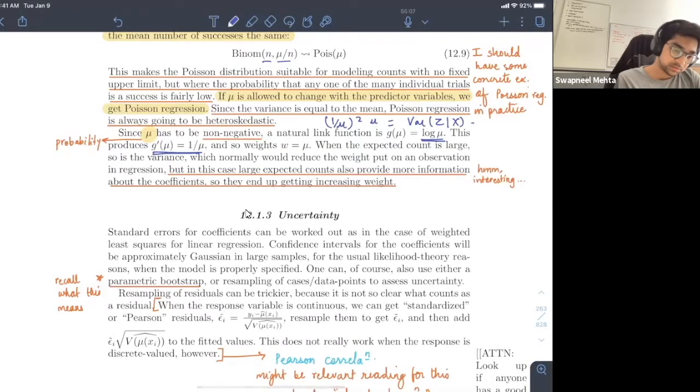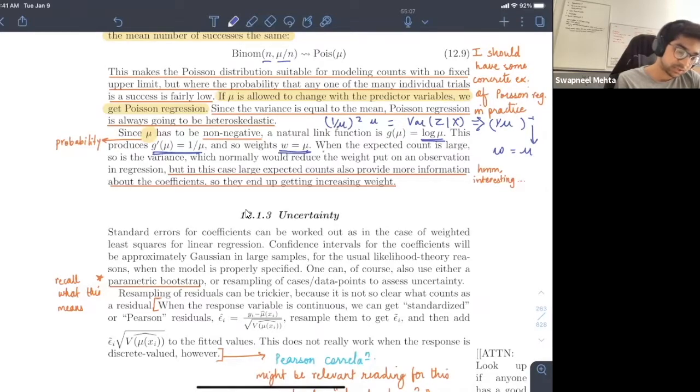So this is equal to 1 by mu, and the inverse of which is equal to the weights, which is equal to mu. That's in shorthand, but very bad shorthand. That's what I'm trying to say. Cool. So weights W is equal to mu.